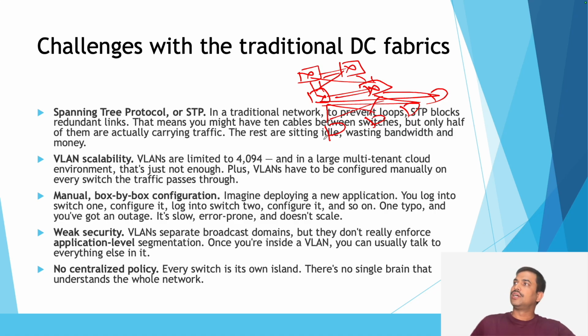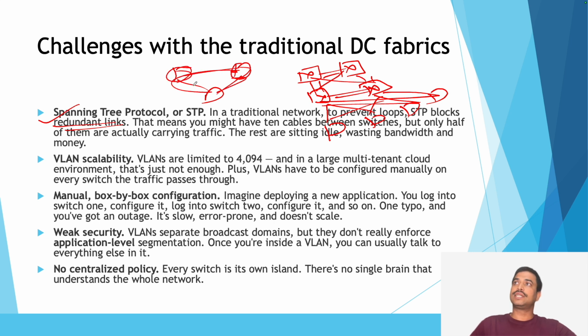Now here, the first problem that comes in this kind of network is Spanning Tree Protocol, or STP. We all know about STP. In traditional networks, STP prevents loops by blocking redundant links, right? So if we have a topology like this, to reach any particular node we have a redundant path, correct?